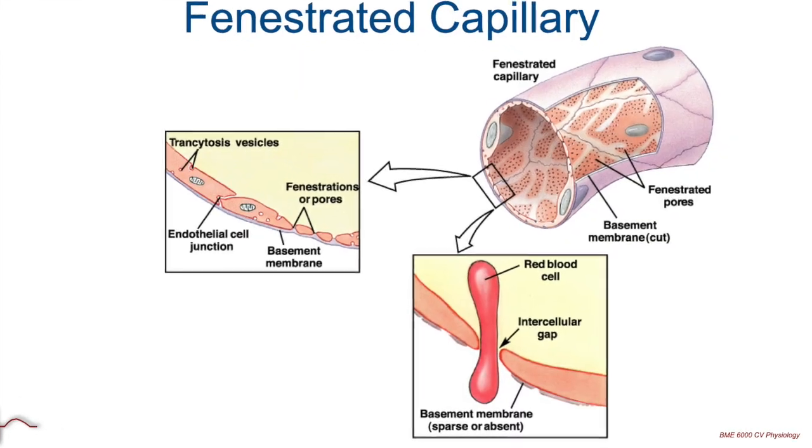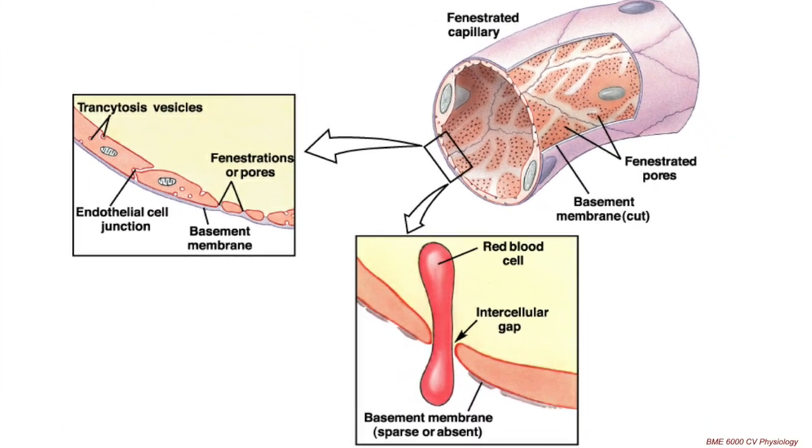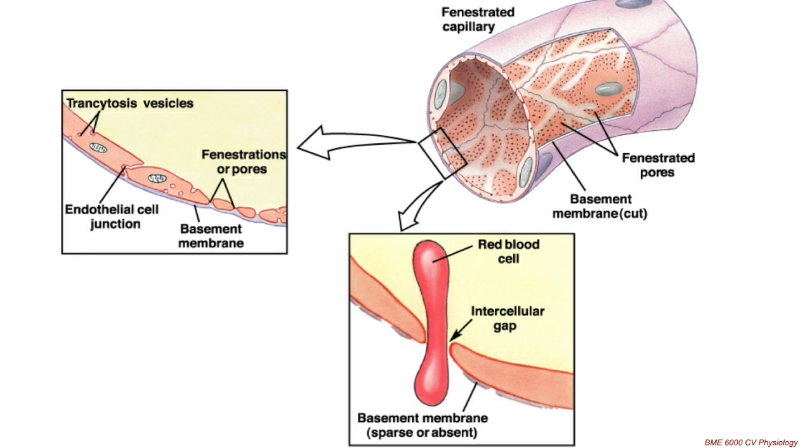Now in other parts of the body, other organ systems, we have what's called a fenestrated capillary. So here we have larger openings, fenestrations or pores that exist between the individual endothelial cells, and they can be even large enough to let a red blood cell sort of squeeze its way through. They're on that sort of scale of 10 microns, something in that range, or sorry, not that big, sort of 1 micron, sometimes opening, so they can let things through.